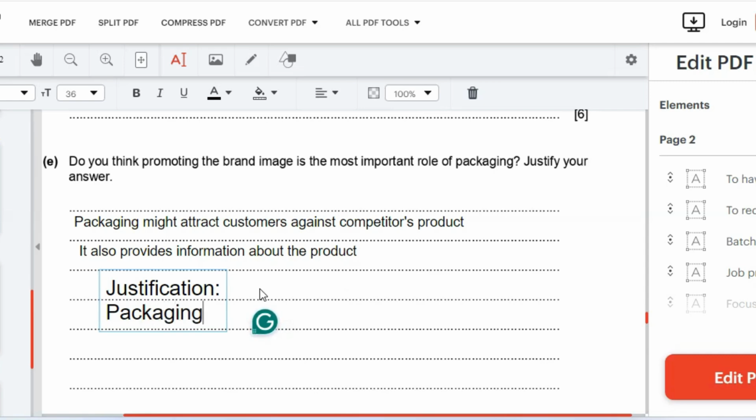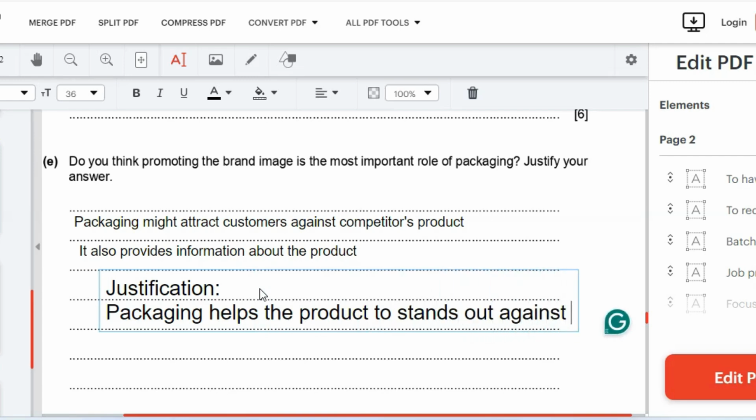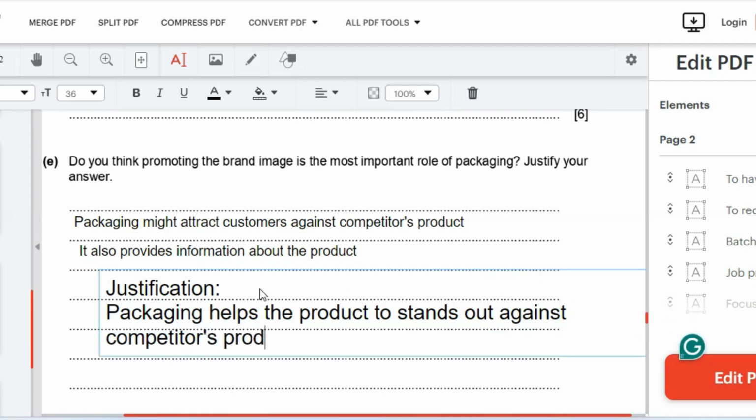Packaging helps the product to stand out against competitors' products, which helps to increase the revenue. Yes, the first point could be this.